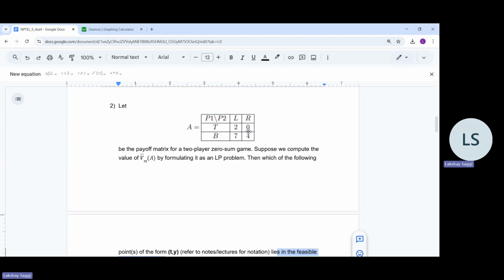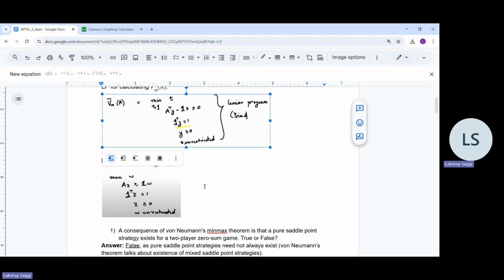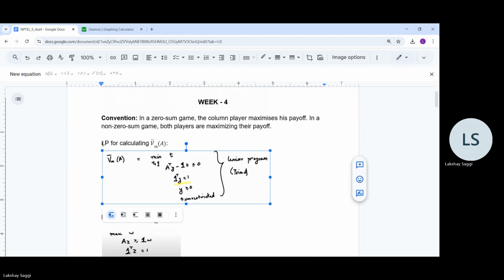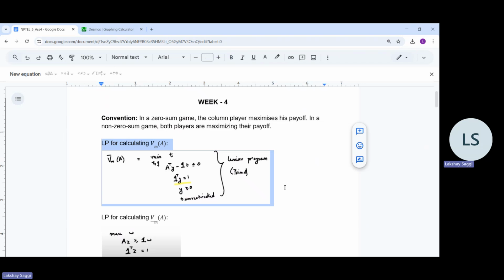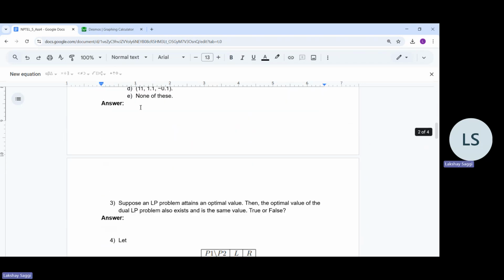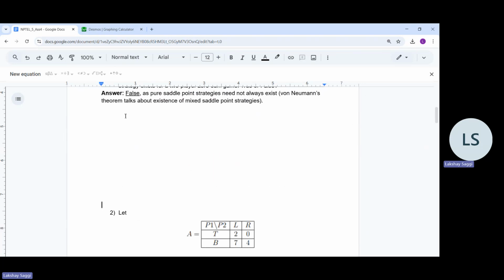Because in this question, it's just a 2 cross 2 matrix given to us. So for ease of understanding for everyone, I'll copy everything here on a new page.